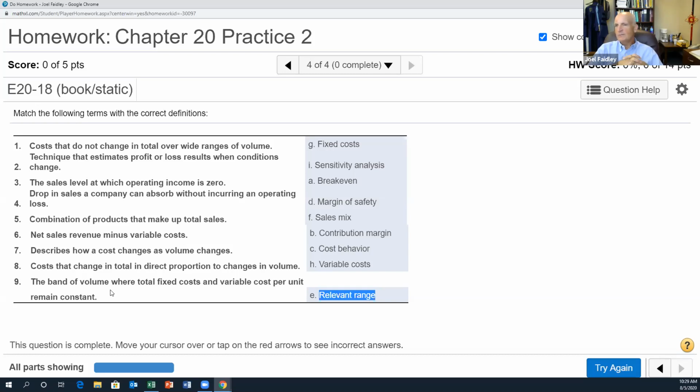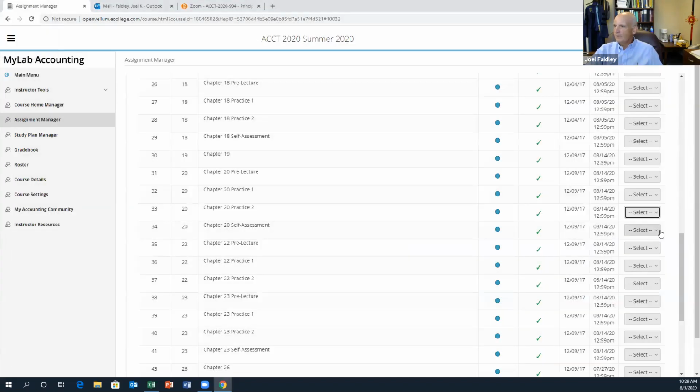But if you get beyond 10 million units, your fixed costs may go up because you may have to add brick and mortar, another shift, more salaried supervisors, more property, plant, equipment, which means more depreciation. But the relevant range, that's what we're assuming in this chapter. Fixed costs stay the same, variable cost per unit stays the same. Very important, relevant range. All right, and then finally, we're going to look at the self-assessment here.